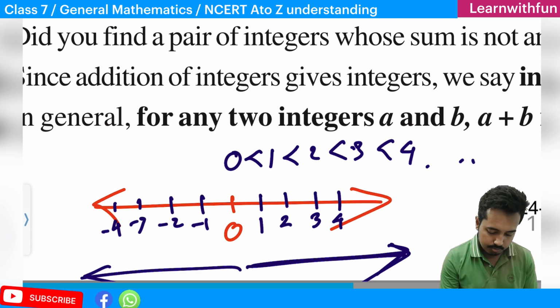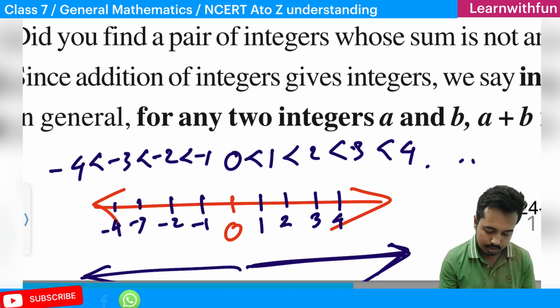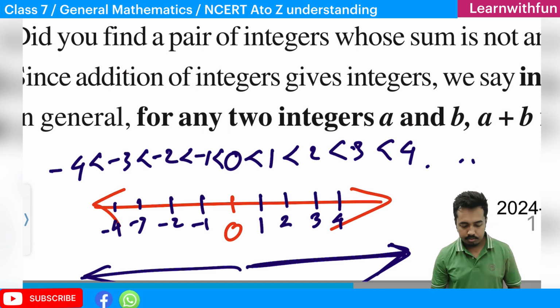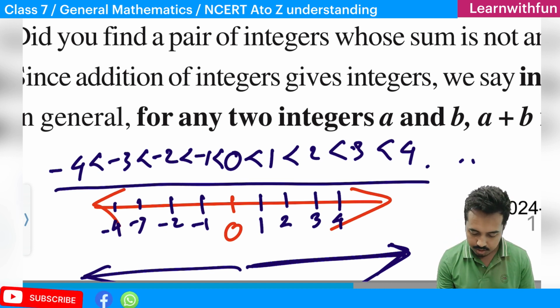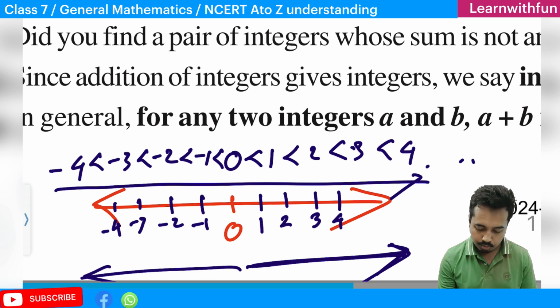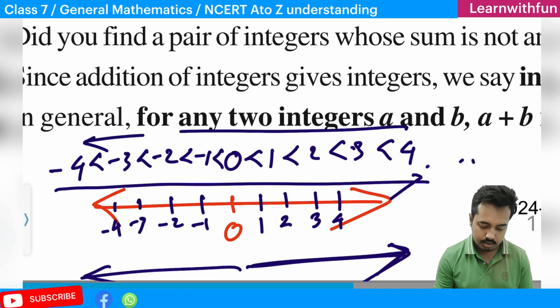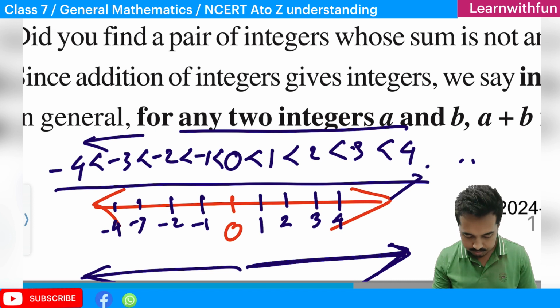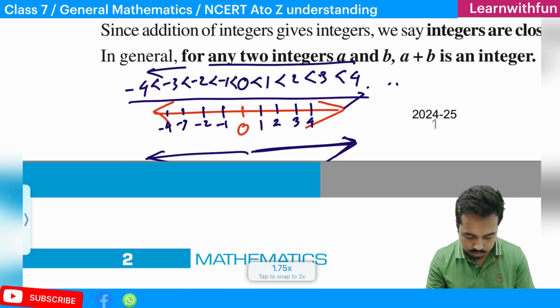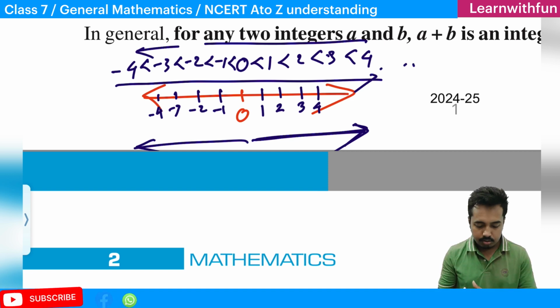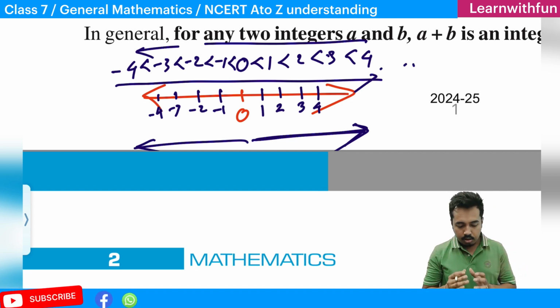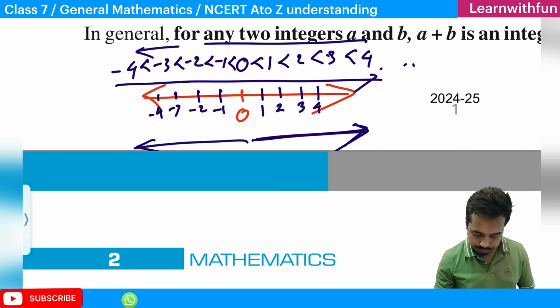Again, we can say that -4 is less than -3, which is less than -2, which is less than -1, and -1 is less than 0. So you can see here that when we move from left to right, the numbers are increasing, and when we move from right to left, the numbers are continuously decreasing. The positive numbers are on the right hand side of 0 and the negative numbers are on the left hand side of 0.